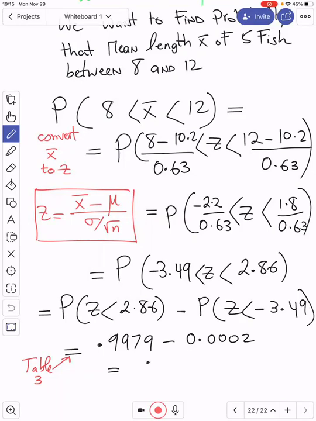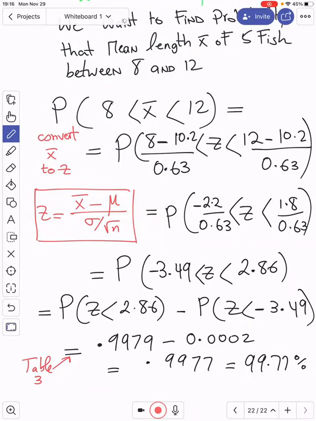So then the difference, of course, is 0.997. In other words, this is 99.77%. Negative 3.49 is the smallest value in the table, but anyway, that would be the answer.